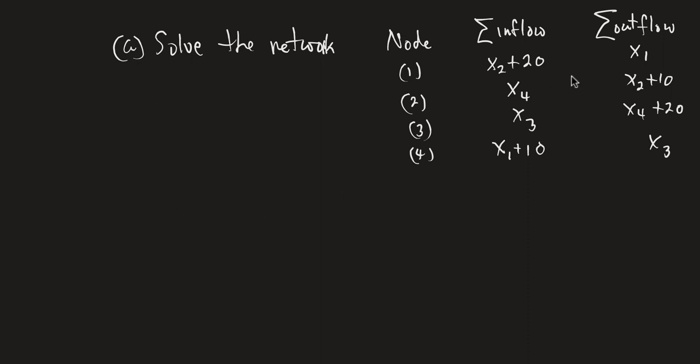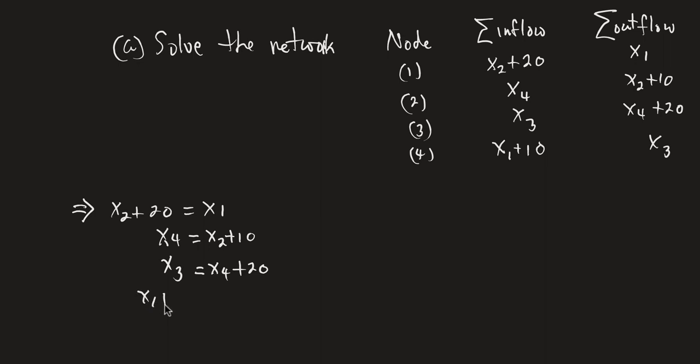So now the principle says x2 plus 20 is equal to x1. x4 is equal to x2 plus 10. x3 is equal to x4 plus 20.